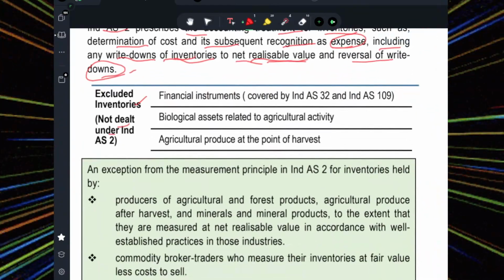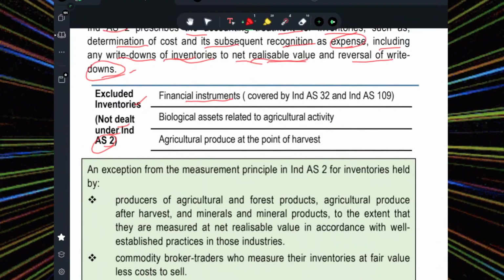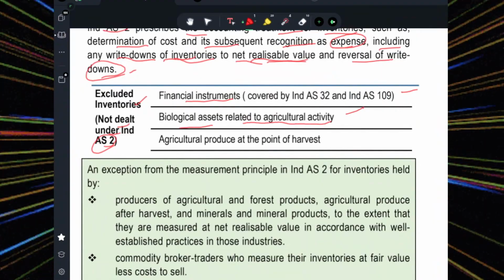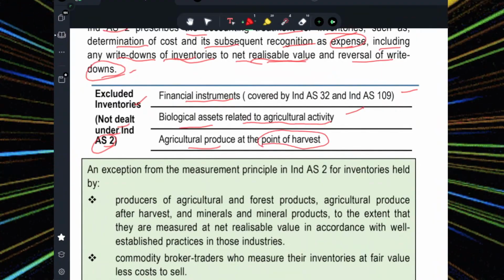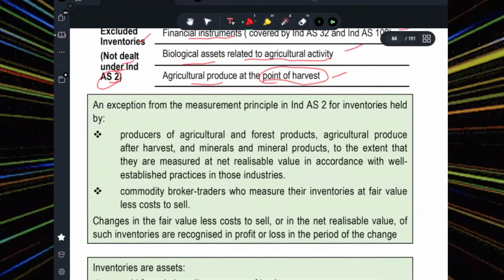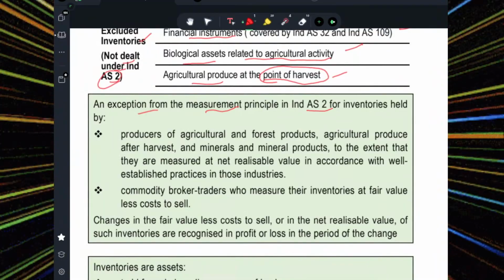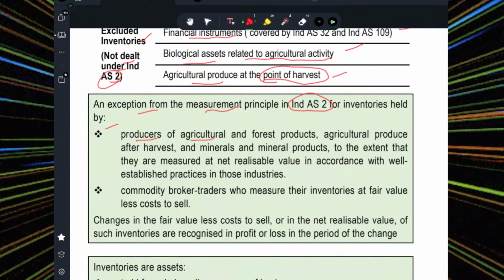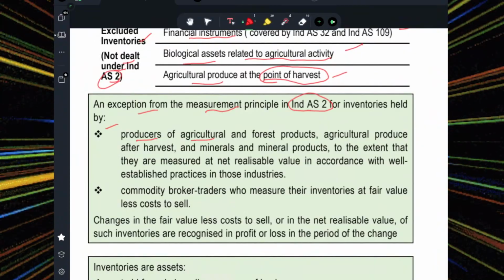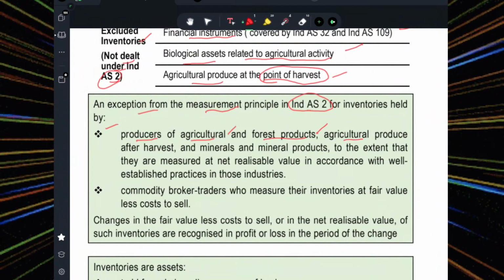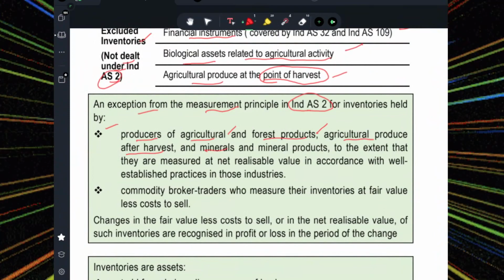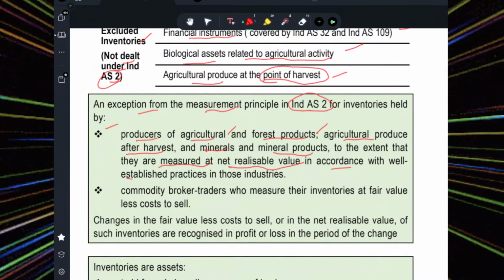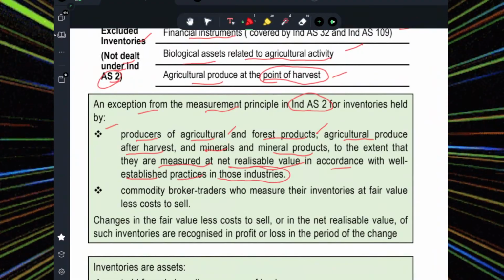Excluded from inventory are items dealt with under other Ind AS: financial instruments cannot be inventory, biological assets related to agricultural activity cannot be inventories, and agricultural produce at the point of harvest cannot be inventory. There is an exception for the measurement principle of Ind AS 2 for inventories held by producers of agriculture and forest products, agricultural produce after harvest, minerals and mineral products, to the extent they are measured at net realizable value in accordance with well-established practices in those industries.